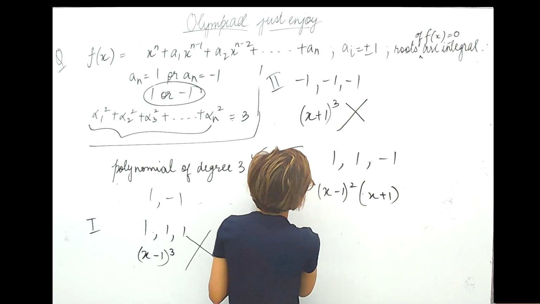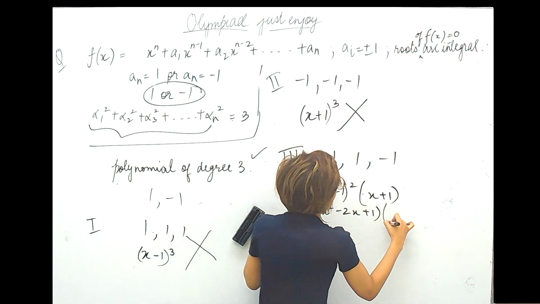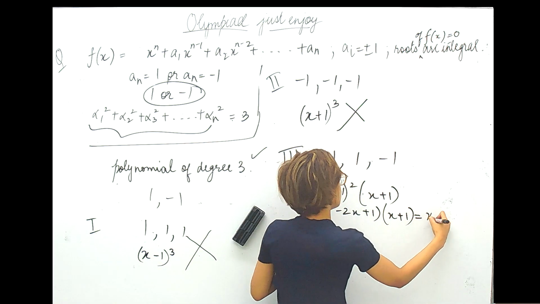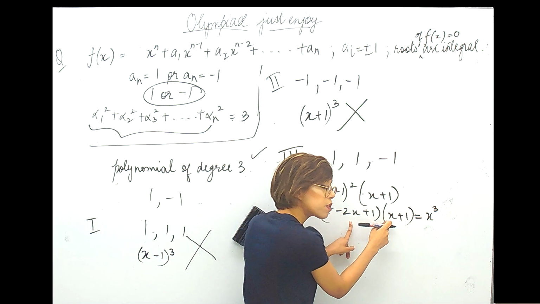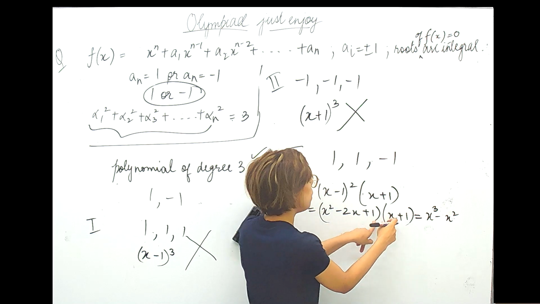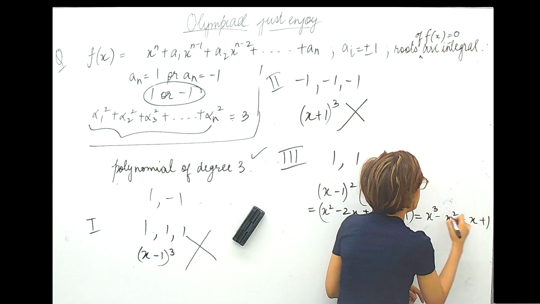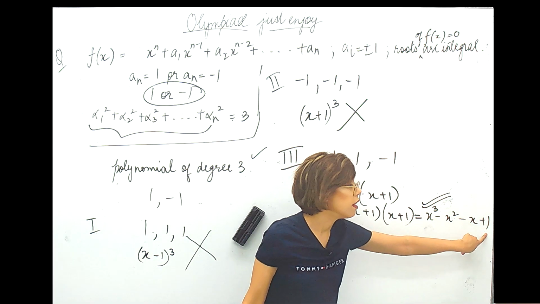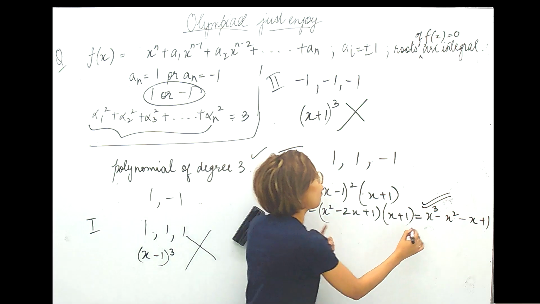Let's check: this will be x square minus 2x plus 1 into x plus 1 equal to, opening it up, x cube, then x square minus 2x square minus x square, then minus 2x plus x minus x plus 1. Now this is a nice polynomial. 1, minus 1, minus 1, 1. Great. This is the required one.